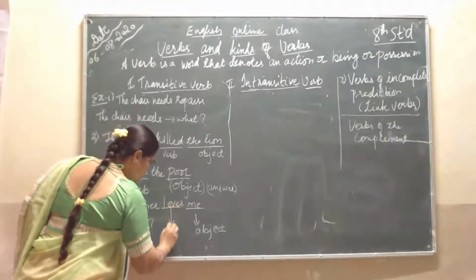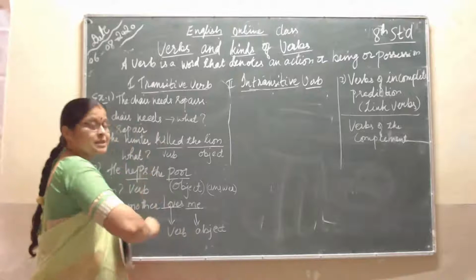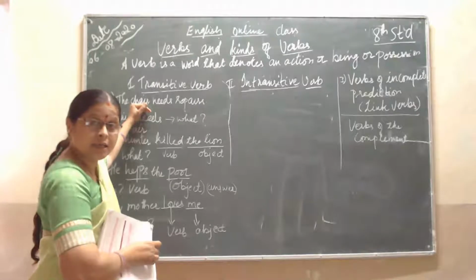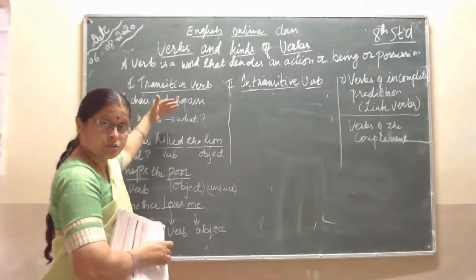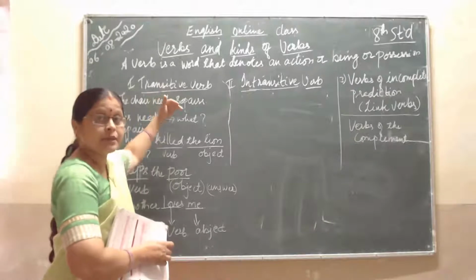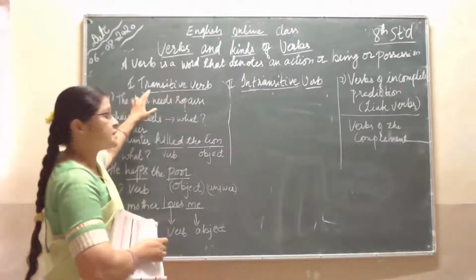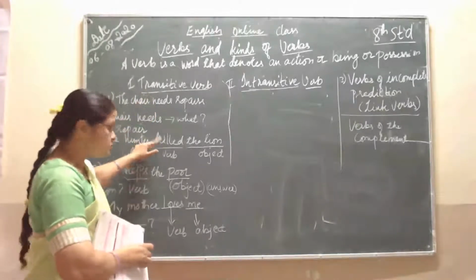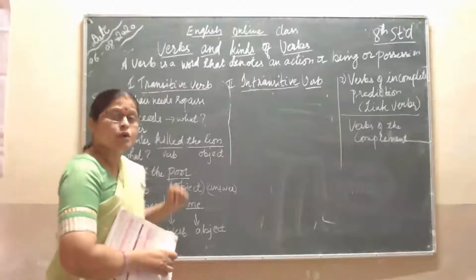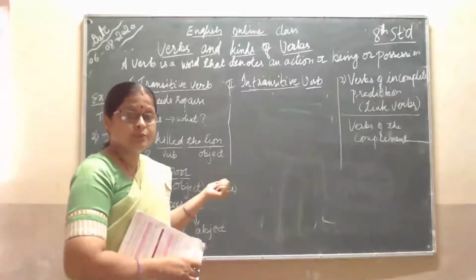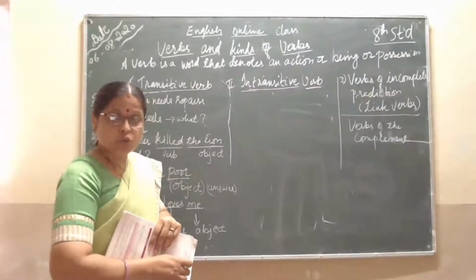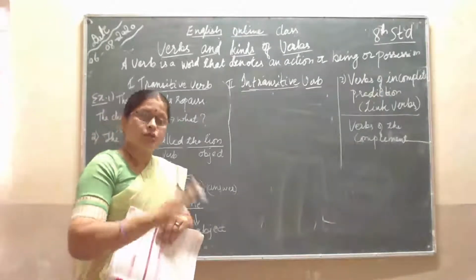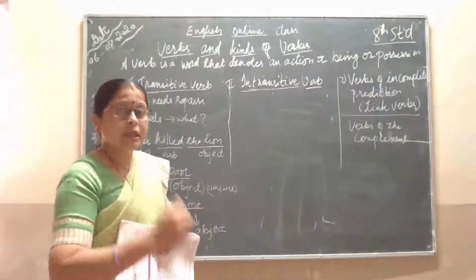So loves will become the verb here, which is a transitive verb. Transitive verbs need an object; if you frame a question using what and whom and get an answer, then that particular word is a transitive verb. Here in these sentences, needs, killed, helps, and loves are the transitive verbs. I will give some other examples also so that you can find them and classify them as transitive, intransitive, or link verbs.